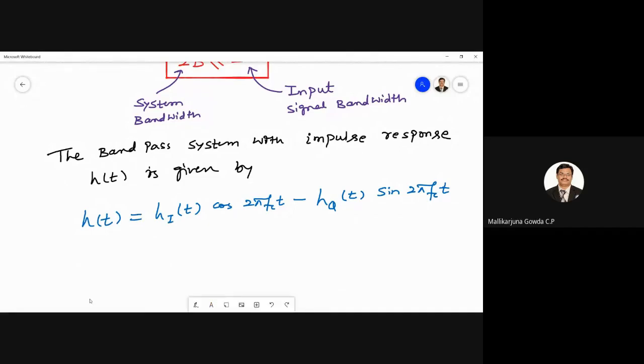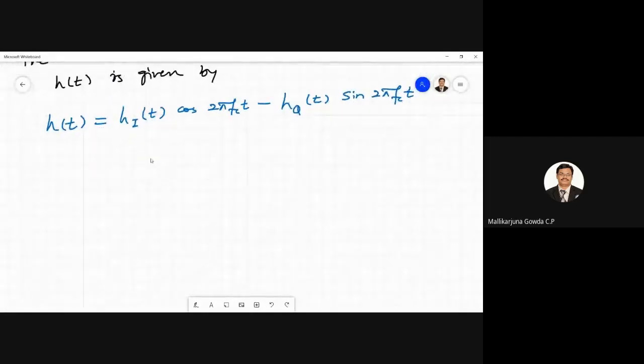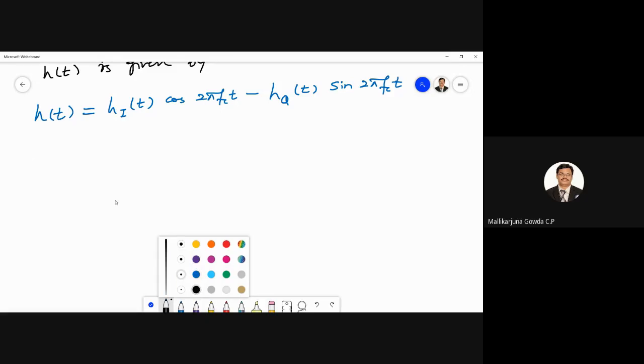This is the canonical form. Now, how do I write the complex impulse response of this bandpass system in Cartesian form? If you understand the signal, then writing the impulse response in the same way becomes easy.